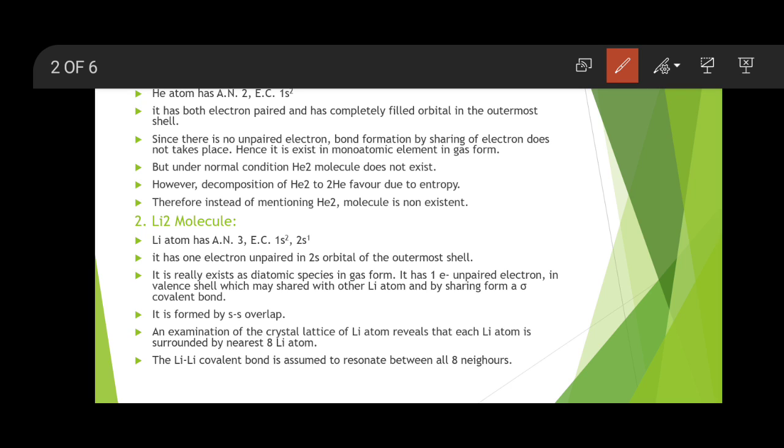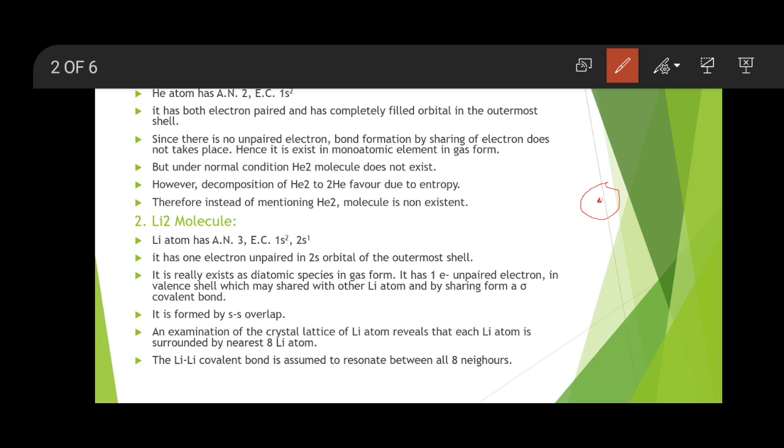That means when electrons are distributed in an atom, that can be shown in the form of electronic configuration. For example, let's say this is a helium atom. In this helium atom there is a center called the nucleus.